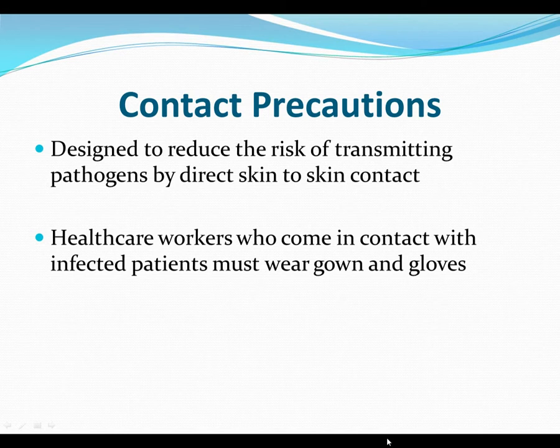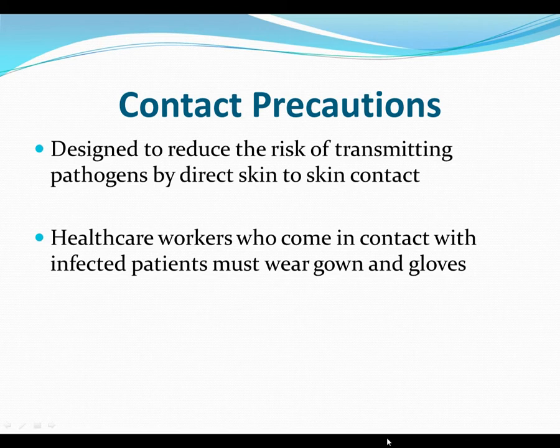Contact precautions are precautions that are used when caring for a patient with a pathogen that spreads by direct contact with the patient or by indirect contact with a contaminated object, such as the patient's dressings or bed rail. Indirect contact is when a person has touched or come in contact with the contaminated object. Direct contact would be when a person actually touches the person who is infected.